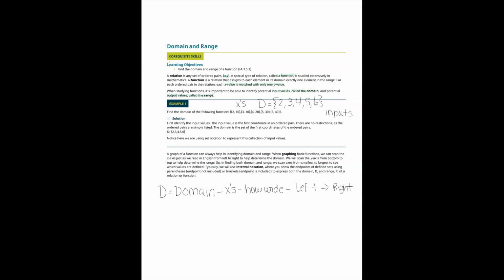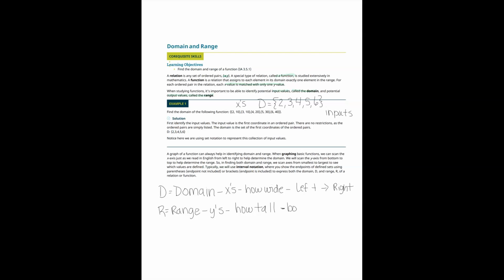Okay, now let's talk about our range. Our range, well, you'd probably guess it, you denote it with a capital R. These are our y's. This tells us how tall, right? And then when we write these, it goes from bottom to top.